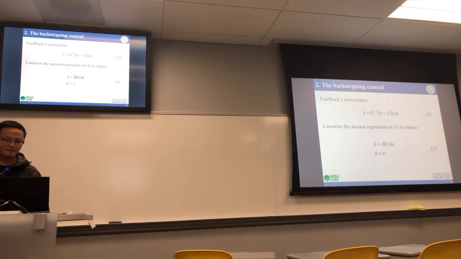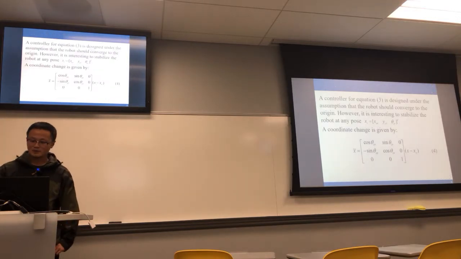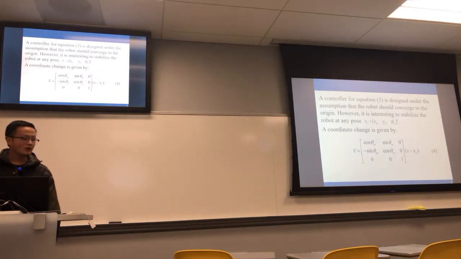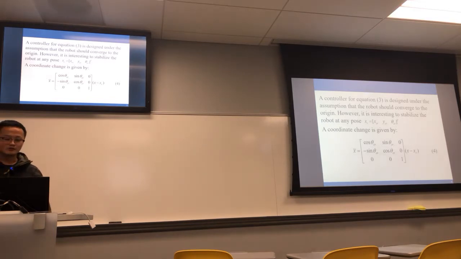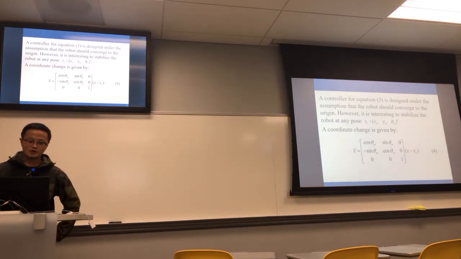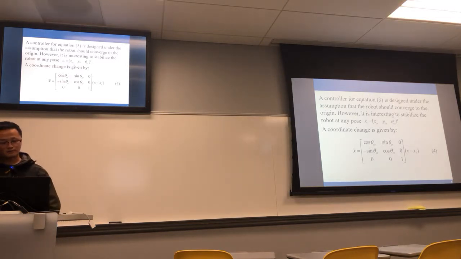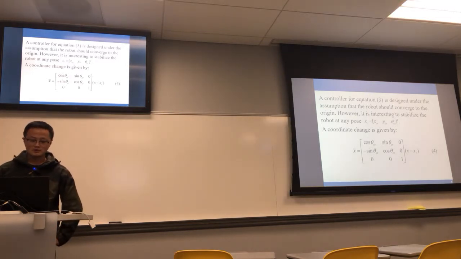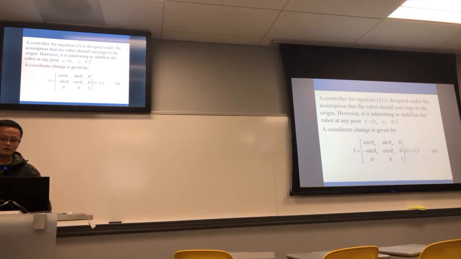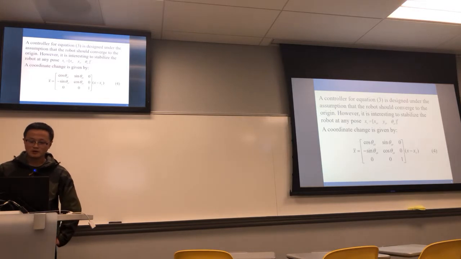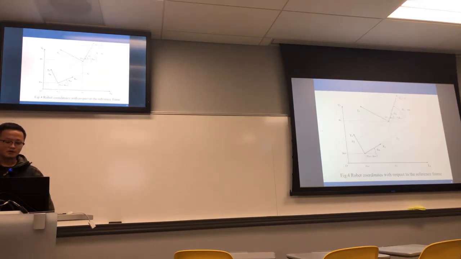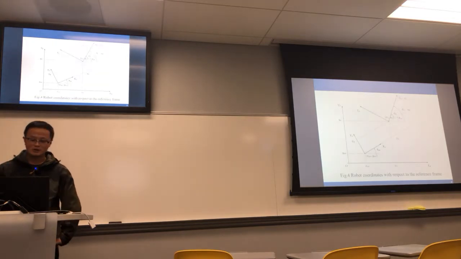Next, we need to do some coordinate changes, because the controller for equation 3 is designed under the assumption that the robot should converge to the origin. However, it is interesting to stabilize the robot at any pose. So it's a simple coordinate change.